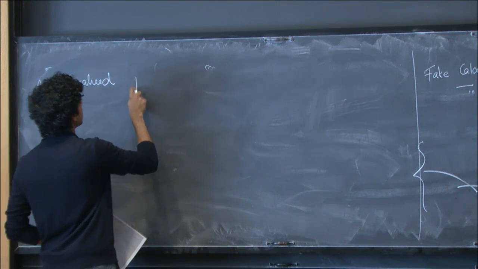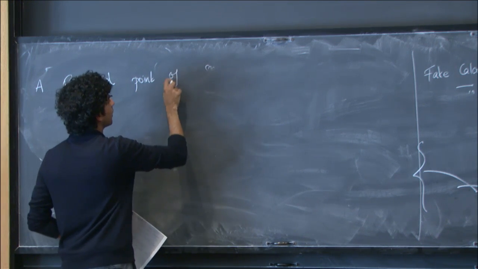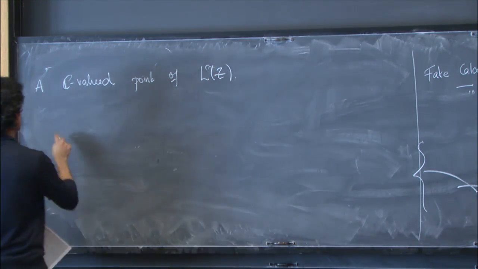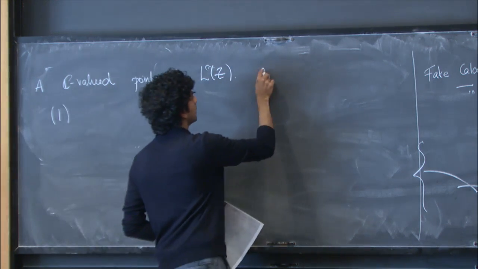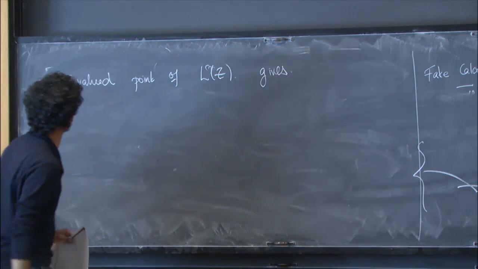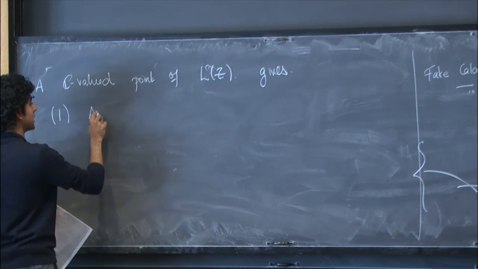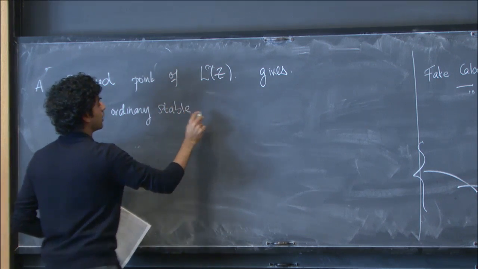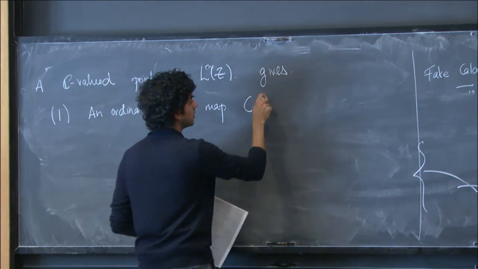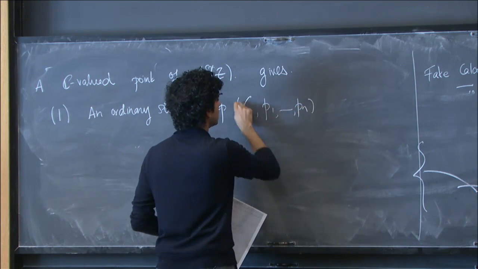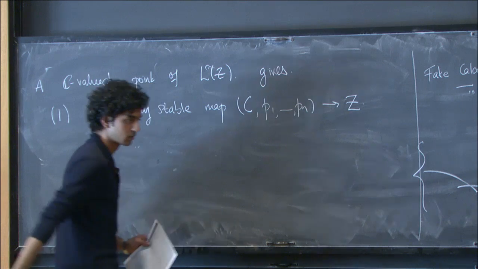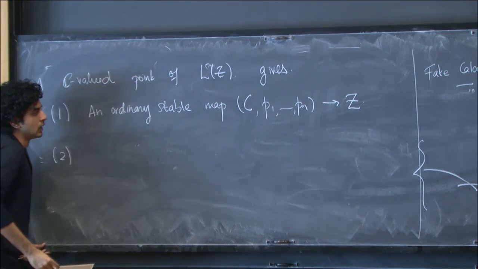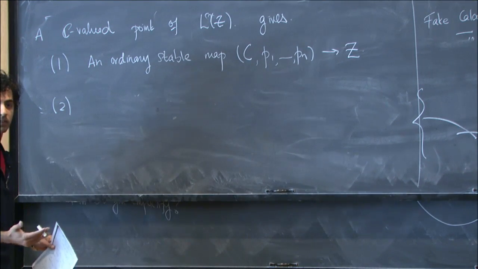So now a C-valued point of L of Z, just a single point of L of Z, I want you to think about as two pieces of data. The first piece of data that it gives you is an ordinary stable map, so a nodal curve C with some marked points P1 through Pn mapping to Z. And the second piece of data that it gives you is completely combinatorial.